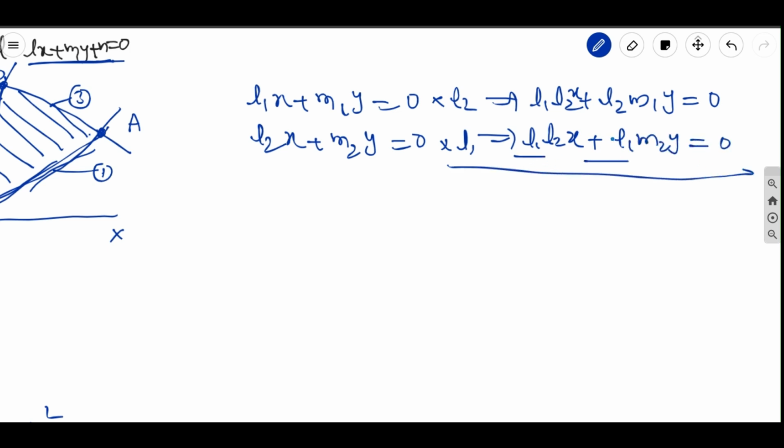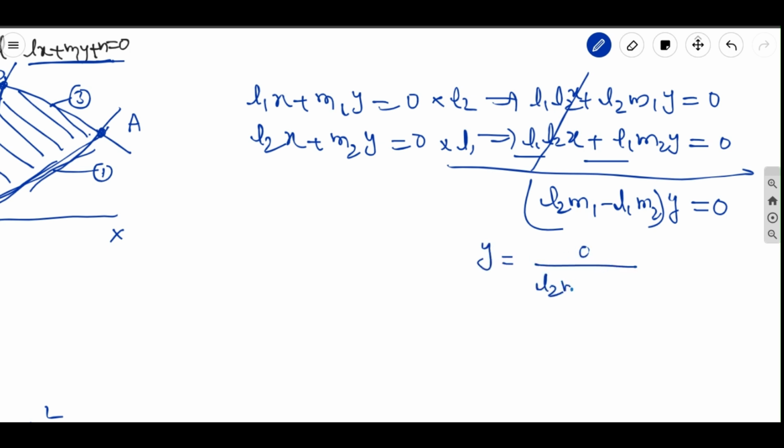Subtract one from the other. The y term is (L2 M1 − L1 M2)y = 0 − 0 = 0. So y = 0 / (L2 M1 − L1 M2), and 0 by something is 0.